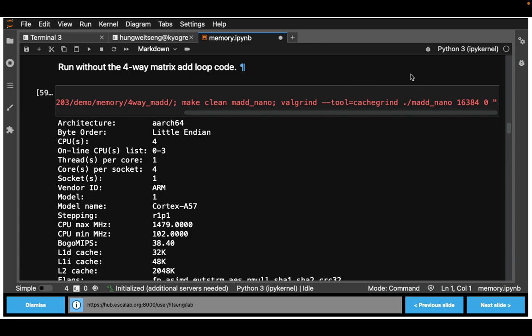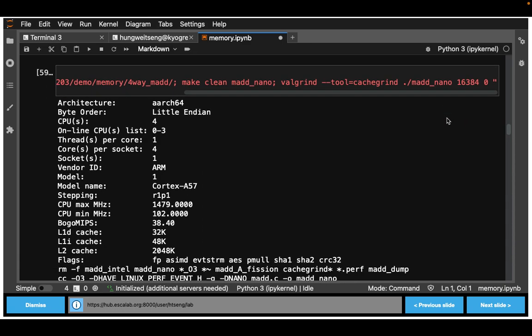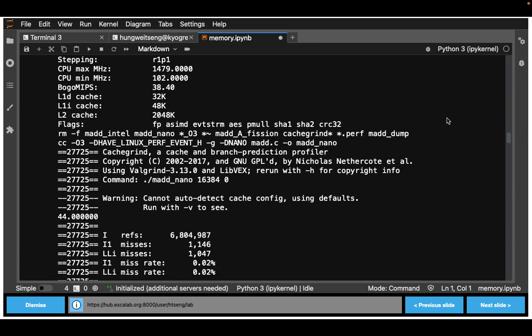One of them is called Cachegrind, so you have to specifically tell Valgrind that you are using Cachegrind. And then run the program with the argument. Here I'm passing the argument as the size, and I guess that's the orientation.